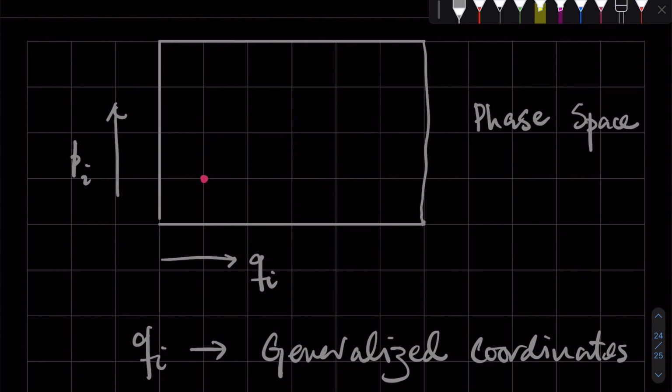So if I now define the Hamiltonian of the system, so the Hamiltonian is the energy function of the system, then the Hamiltonian, it can be shown, defines naturally on the phase space a vector field. So what is a vector field? A vector field is a specification of a small vector at every point in the space.